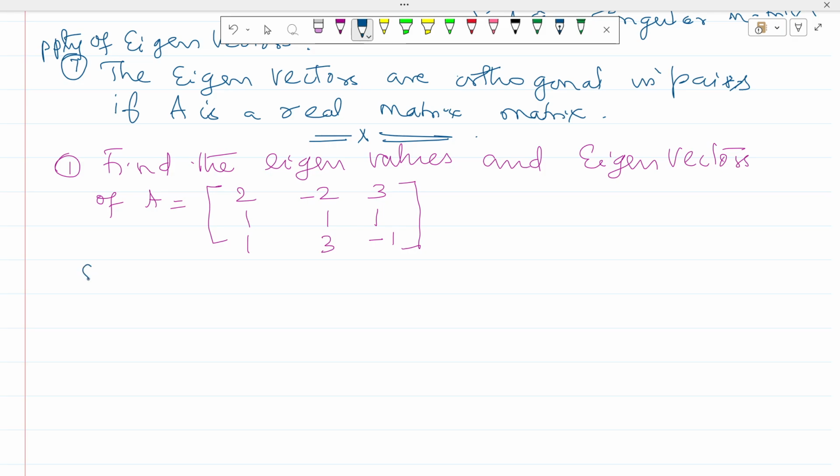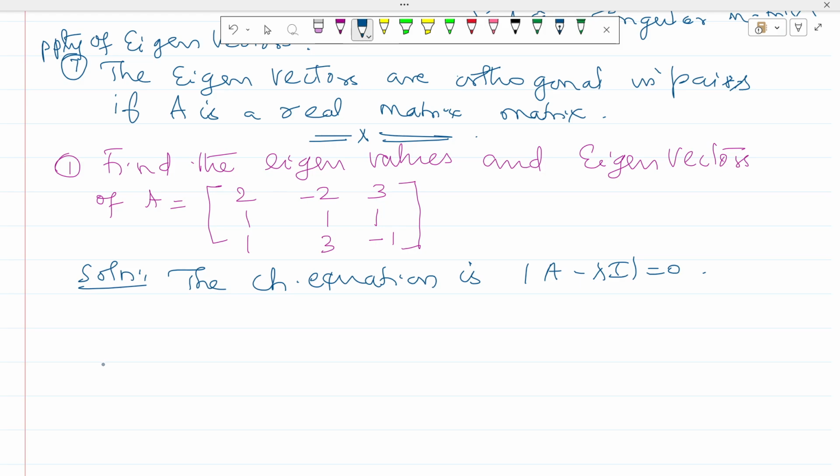So we can write the solution for this. How can we solve it? First we have to write step 1, the characteristic equation. The characteristic equation is |A - λI| = 0.